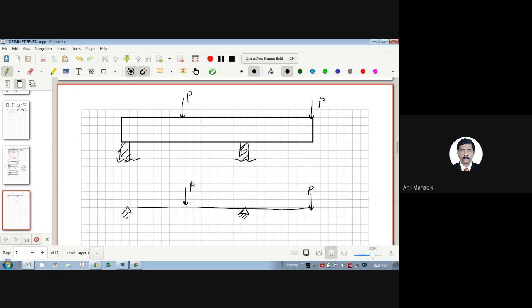So what will be the bending moment diagram for this loading condition? कुछ दिमाग में आ रहा है? This is a cantilever and this is a point load, so it will be an inclined one, and then again ये मेरा ऐसे कुछ तो रहेगा, triangular, and then it will be like this. Correct. So this is your bending moment.